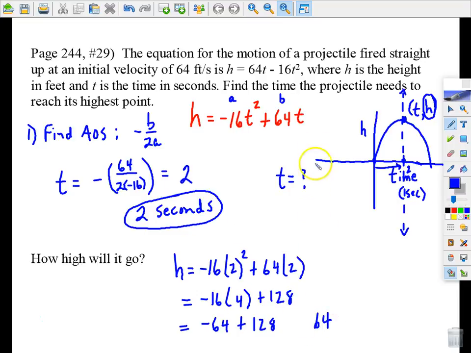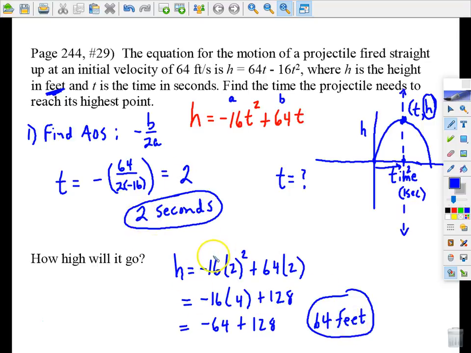Now putting it in context, h represents height in feet, so the maximum height of this projectile will be 64 feet. That's my answer to how high will it go. So we took care of t in seconds. T is 2 seconds. In 2 seconds, this projectile will reach its highest point of 64 feet.